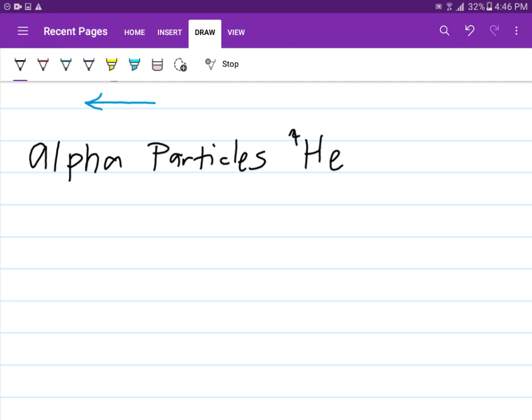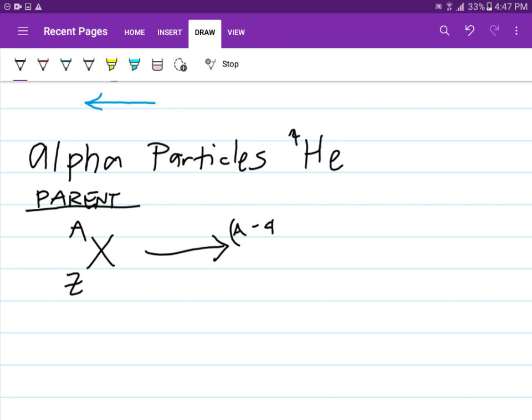So by releasing helium nuclei, this original element, say element X, which has Z protons and mass number A, called the parent nuclei, can reduce its mass number by 4 and its proton count by 2, given it releases this alpha particle.